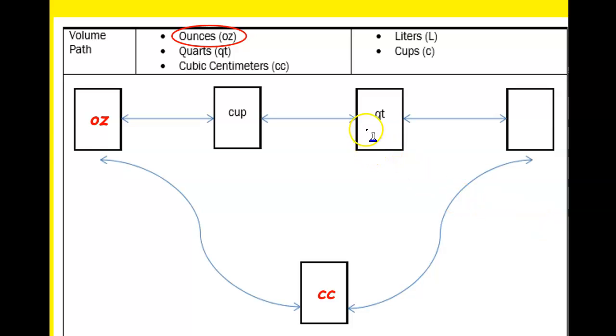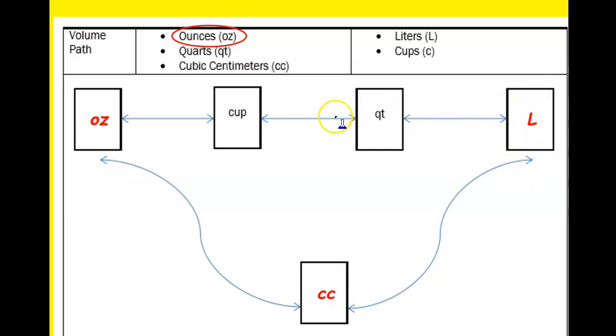We will also see that the quart is equal to the cup, but is also equal to something else, and that the cubic centimeter is also equal to whatever's equal to the quart, which is actually liter. So if you ever have a problem in which you start with ounces and need to go to liter, we can either go through ounces to cup to quart to liter, or we can go from ounces to cubic centimeters to liter.